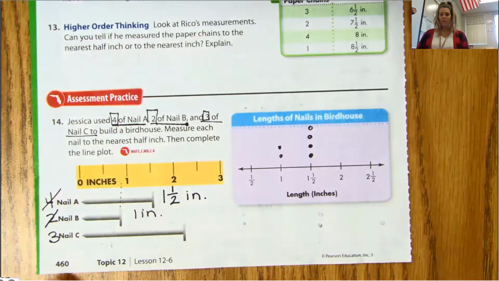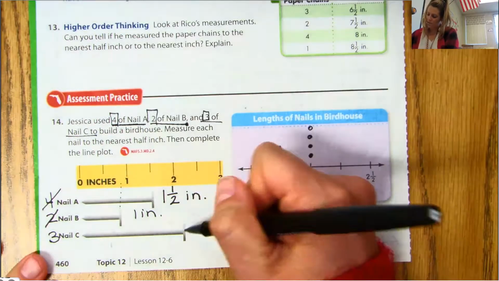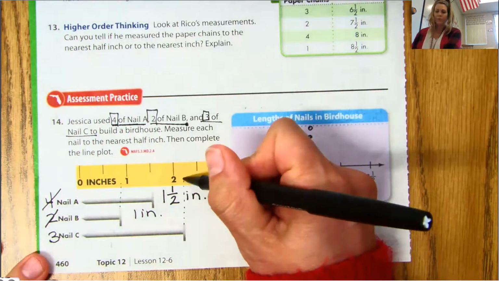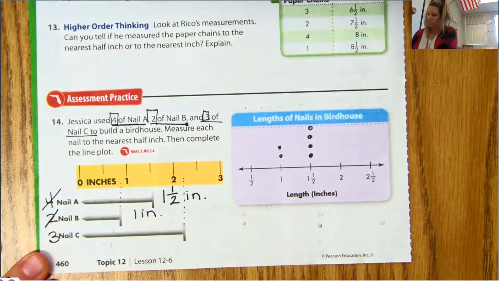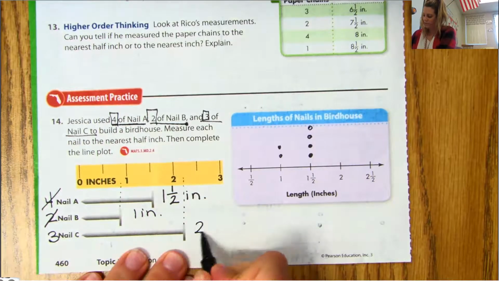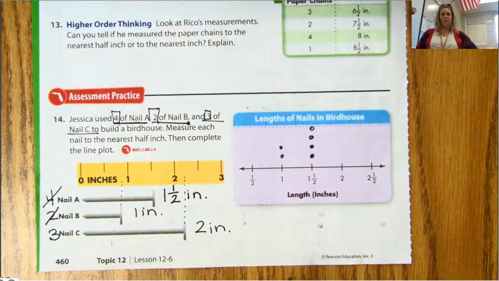All right, I want you to see if you can measure nail C real quick. Write down what you think the measurement is. Okay, if you line it up, it's pretty close to what? It's pretty close to 2 inches. So now I want you to go ahead and plot nail C. Let's see if you're going to get tricked.